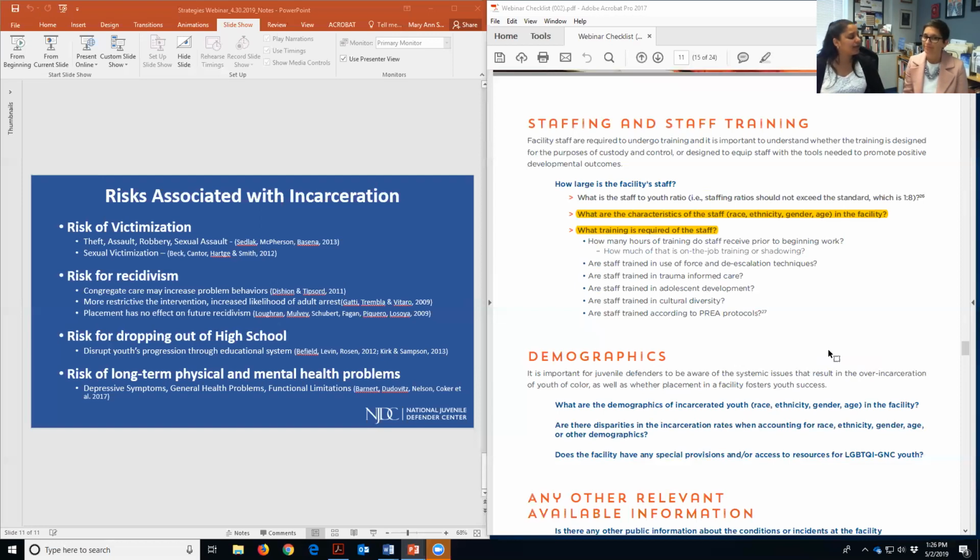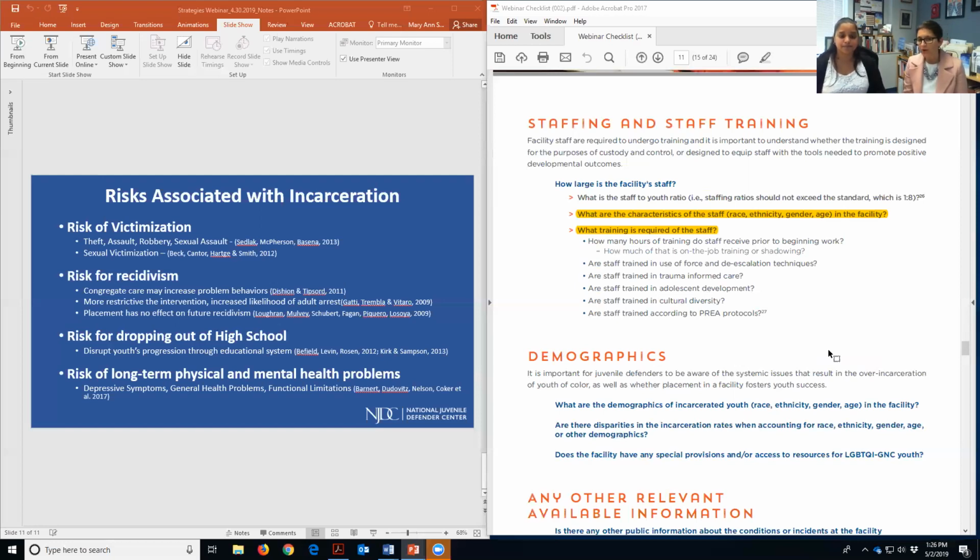Are they provided training in cultural diversity, especially if they're not the same race and ethnicity of the young people that are being housed in that facility? What kind of training is provided to them regarding PREA protocols? All of that is important to note, especially for the risk of victimization when they're not properly trained and when inappropriate use of force is used against young clients.